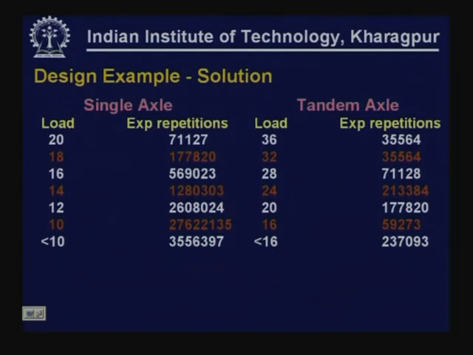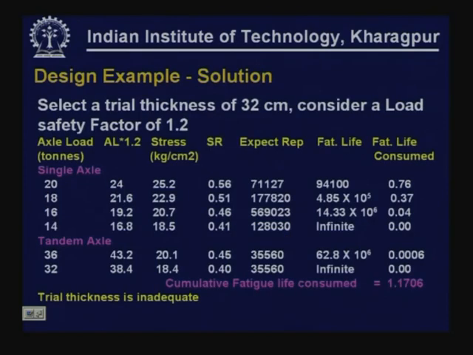We are considering the midpoint for each load group for single axles: 20, 18, 16, 14, 12, 10 and so on. The expected repetitions in terms of percentages have been worked out. Similarly, for tandem axles also, the expected number of repetitions for different load groups is indicated here.